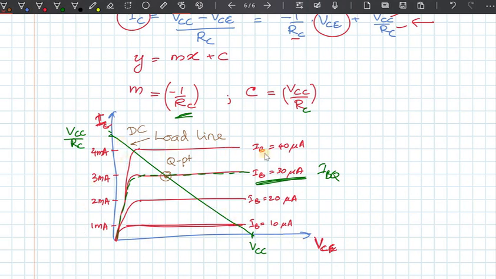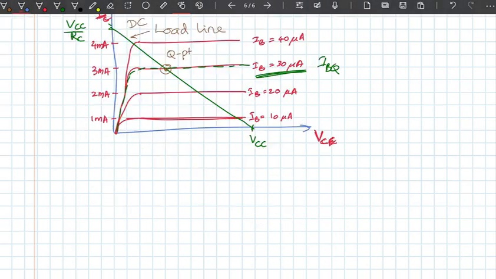If I know in addition the type of transistor I use, then I know the transistor characteristics. Then I can obtain the Q point if I know my input current IB, which depends on the biasing. So if I know the bias current, then I know the operating point directly. So let me give you some notes here. Let me write it down.